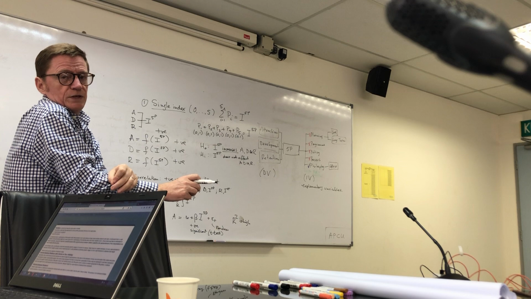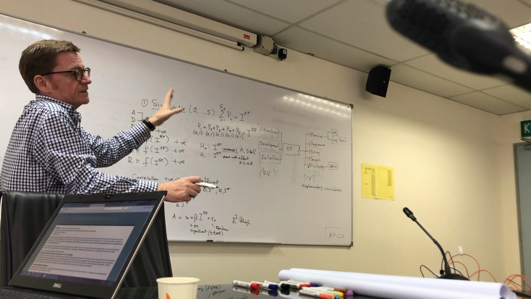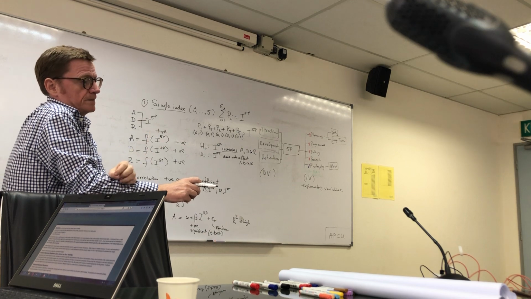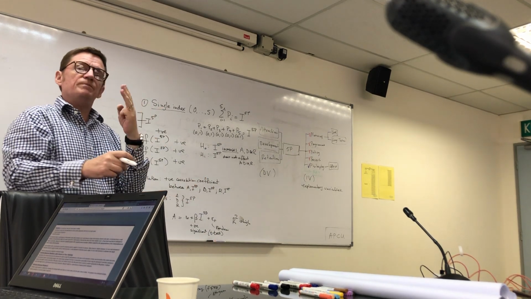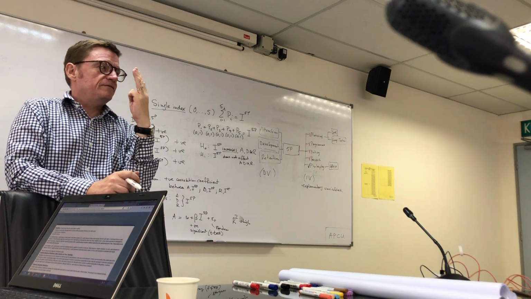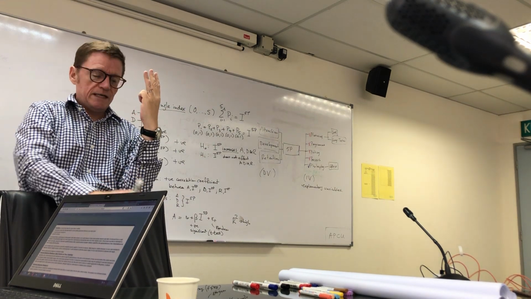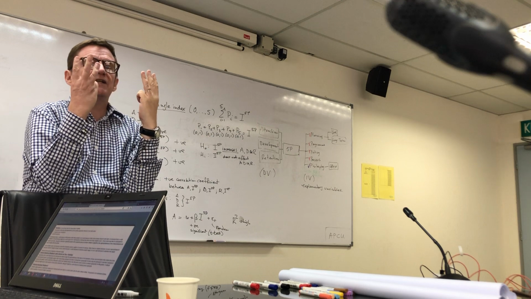Which of these matter, which of these don't matter? Because for this single index, I could have a company with an index value of 3, and I could have another company with an index value of 3.